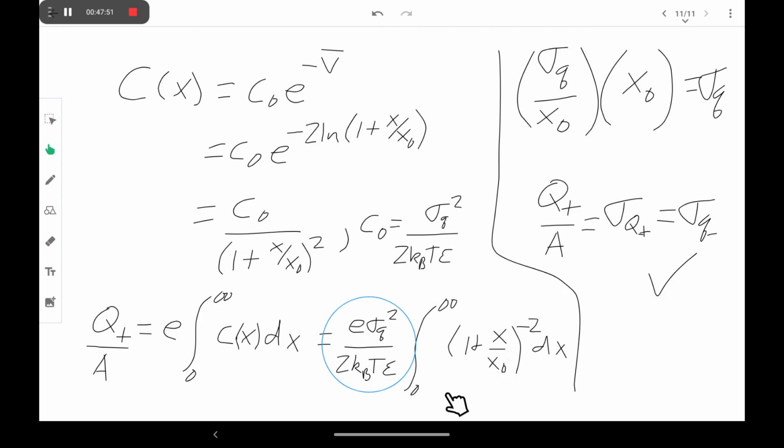And when you do this whole integral with what's left over, this 1 plus x over x0 to the negative 2, or 1 over it squared, if you do that whole thing, evaluate it from 0 to infinity, you just get x0. I'll let you again do that math to show that, to get confidence in that. And so the x0's cancel, and we're just left with sigma q.